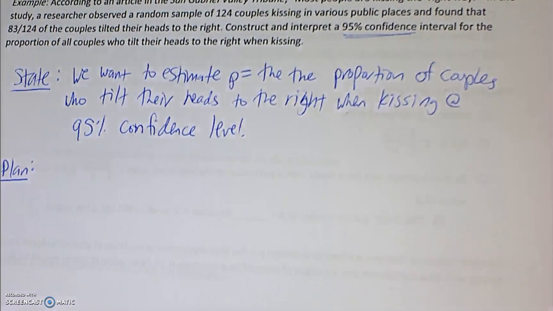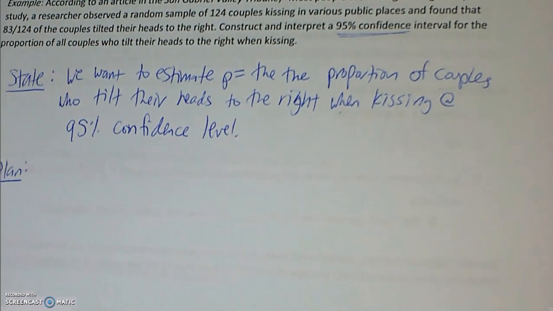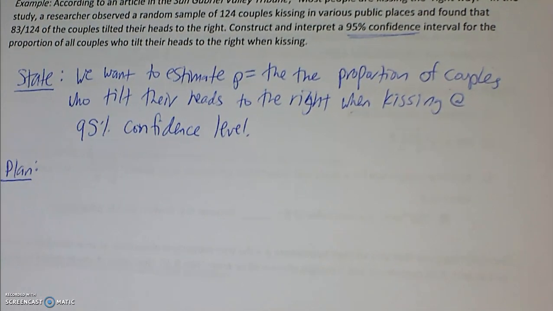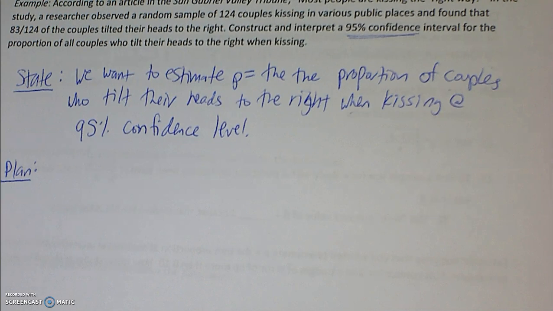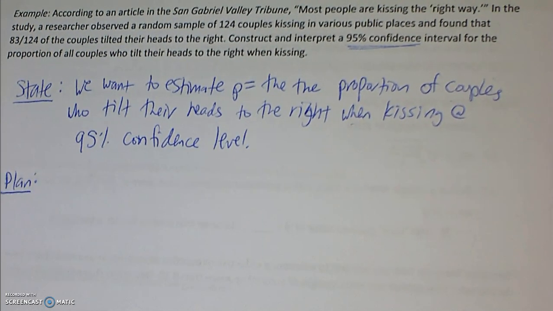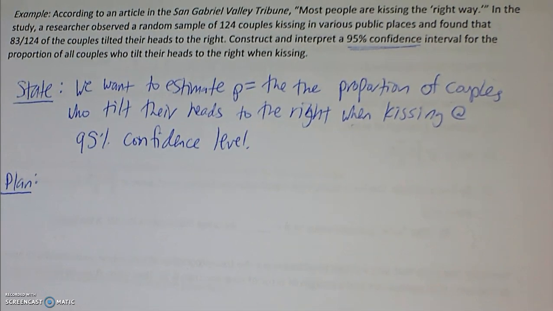Okay, in your plan, you need to assess your conditions as well as say what method you are going to use, right? What kind of interval are you going to use? So we're going to use a one sample Z interval for P, which stands for population proportion, as long as the conditions are satisfied.